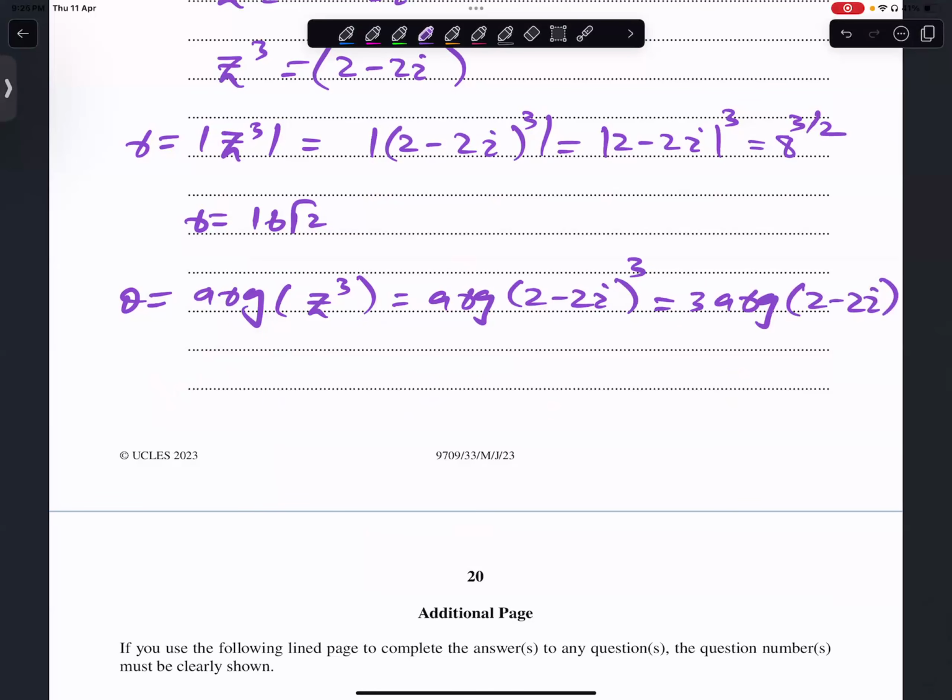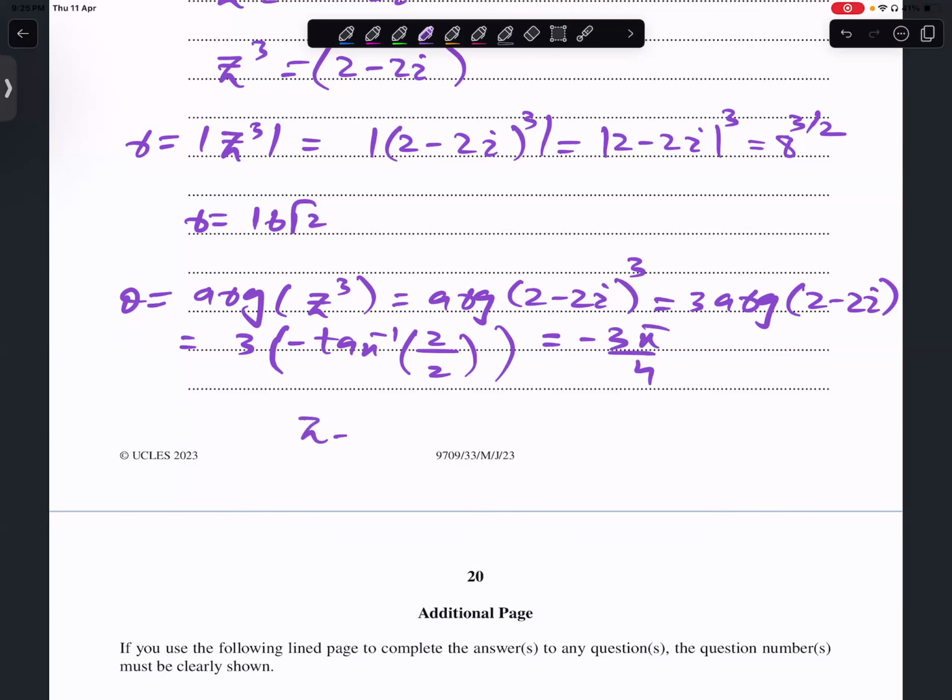Now 2 minus 2i falls in the fourth quadrant, so its argument will be minus tangent inverse of y over x. So 2 over 2. Just do not put negative here. So tan inverse of 1 is pi by 4. So minus 3 pi by 4 will be my final answer.